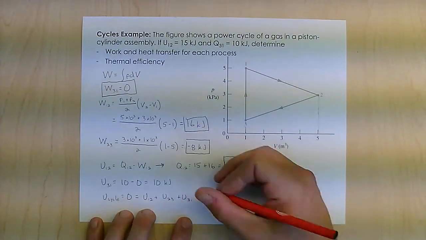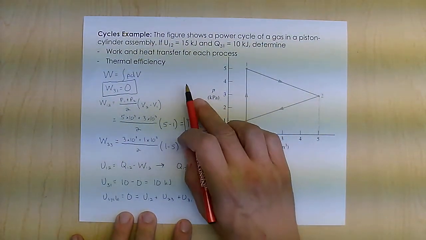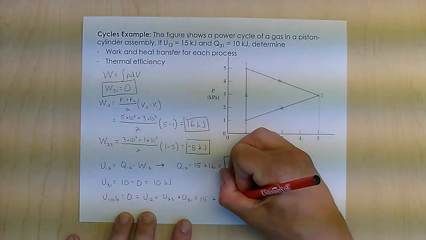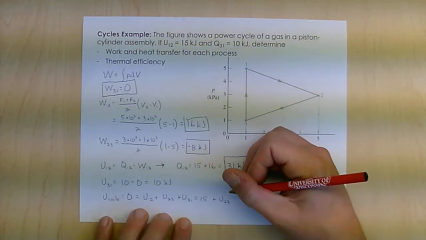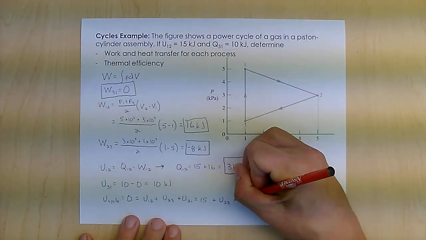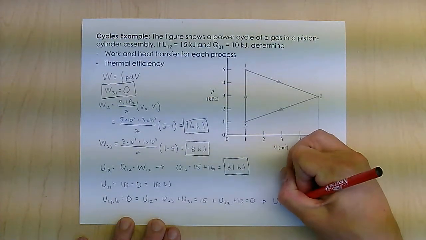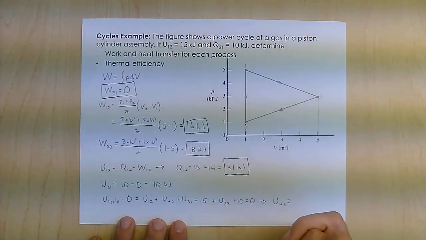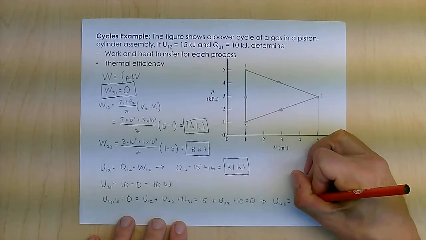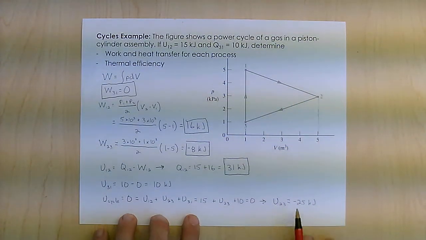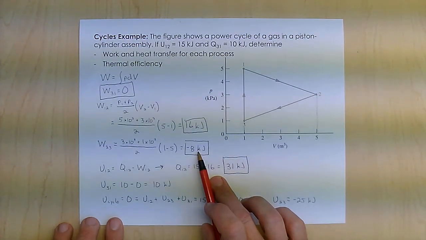Which means U1 to 2 is 15, plus U2 to 3, which I don't know, plus 10 has to equal 0. Therefore, U2 to 3 has to equal negative 25 kilojoules. Now I know U2 to 3 and work 2 to 3.